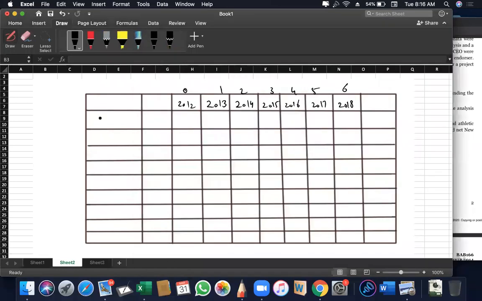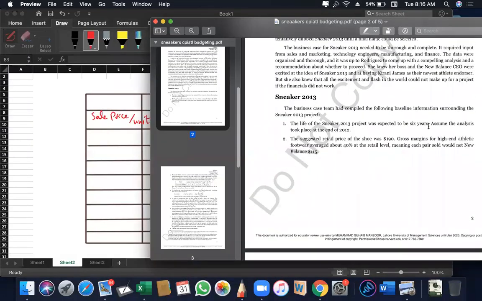So I will write here: sale price per unit. What is sale price per unit? It is $115. In the question, they didn't say whether it is increasing or decreasing, so it is the same for each year.